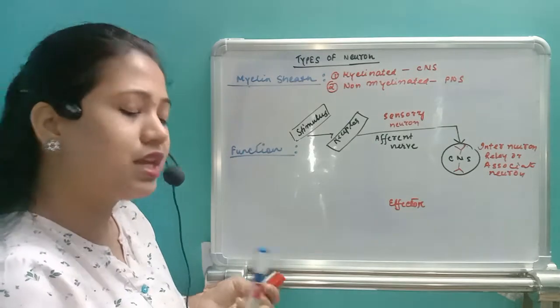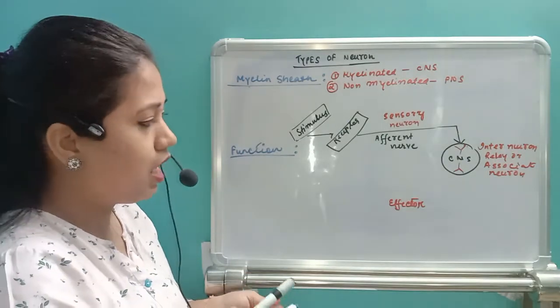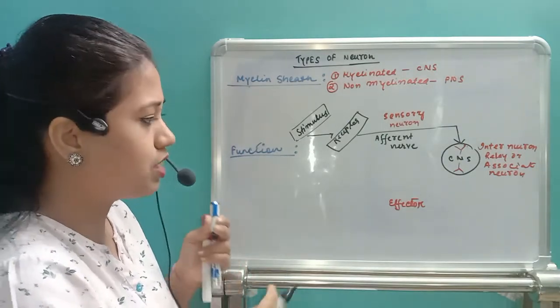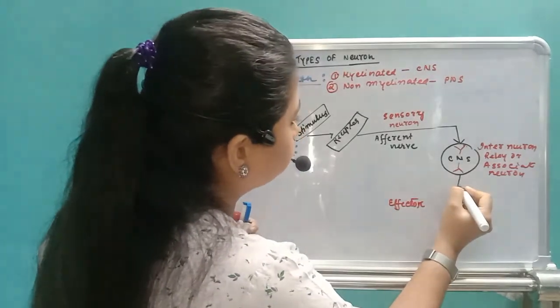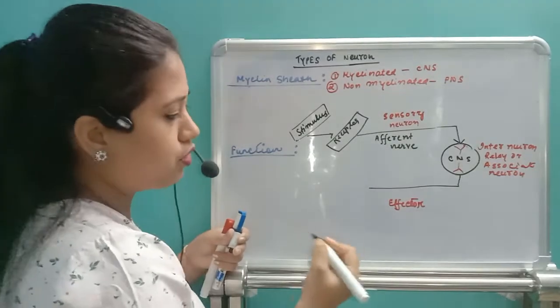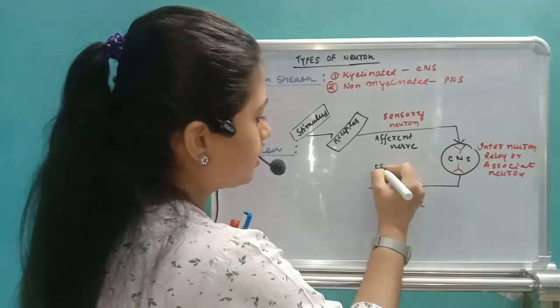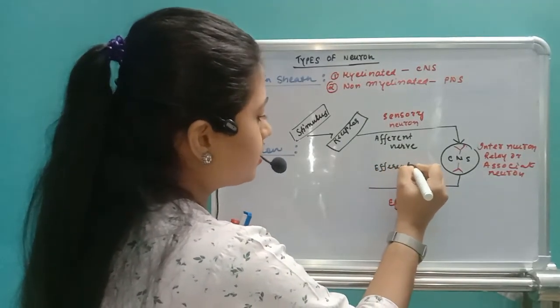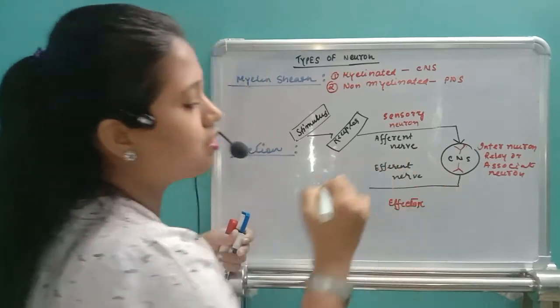Then after that, the CNS will make a response to it, and whenever the response is produced, that response will be taken by another type of nerve. What is that? This is called the efferent nerve, and this efferent nerve will take the response.